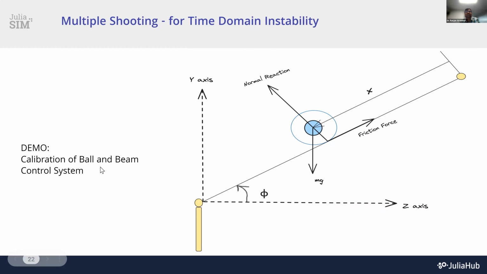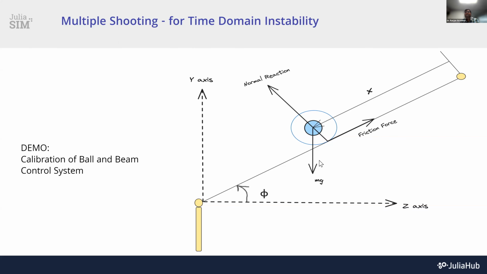So this is an example of a ball and beam control system. Basically there's this beam, and there's an angle phi to the z-axis, right? And there's a position of this ball, relative to the end of the beam, called x. And now there's a controller that tries to balance this ball on this beam, right?